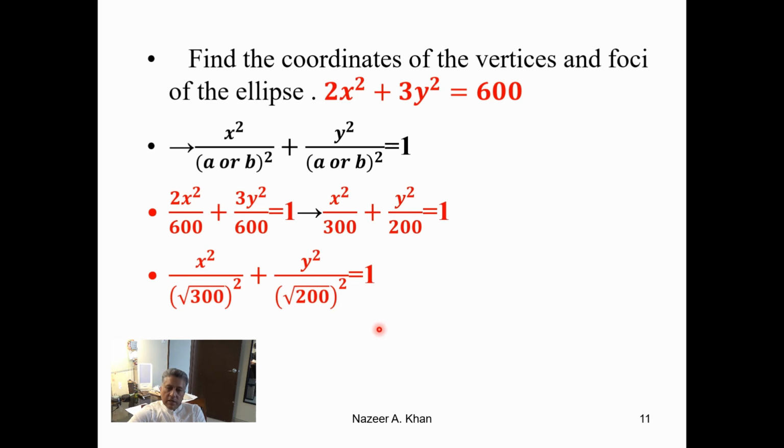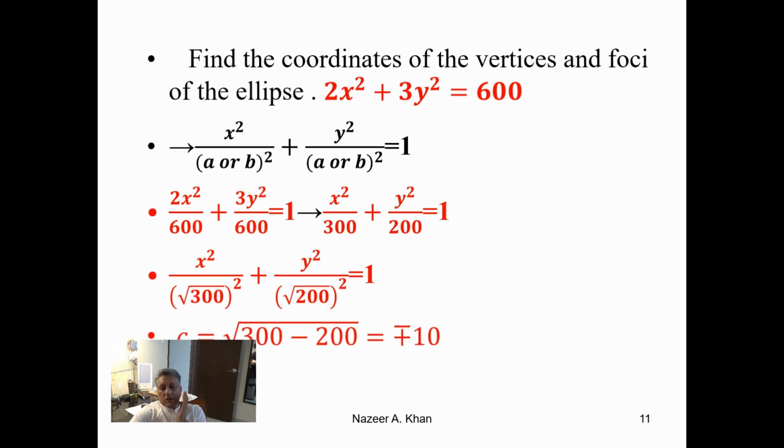It's really just 300, but I wrote it like this to show that this is the proper form. You have to write the denominators of each one of these terms as the square. So I'm taking the square root of 300 and squaring it. It's in form. It doesn't change the value. And the same thing happened with this particular term here under the y.